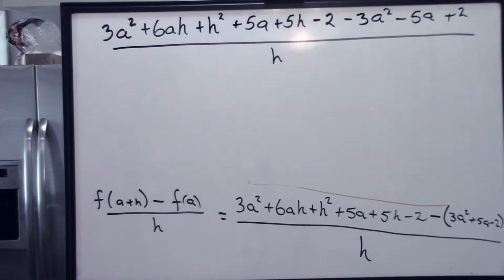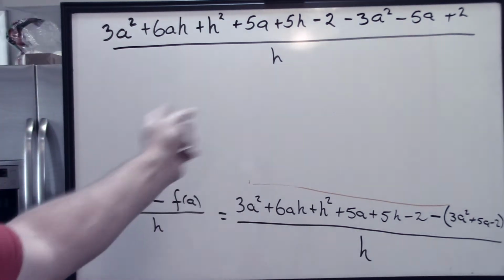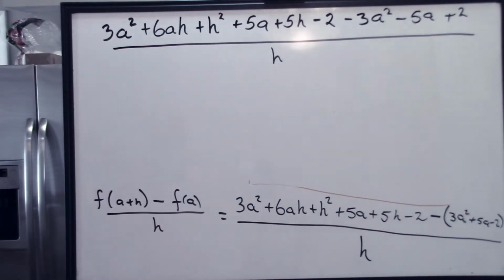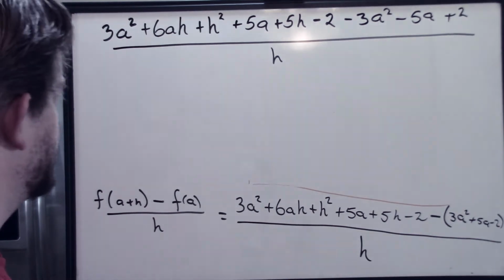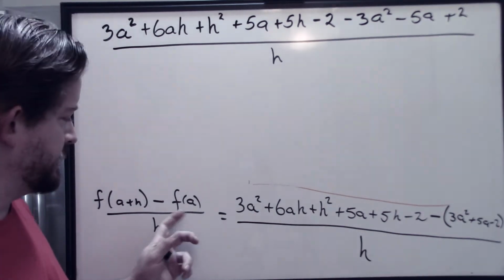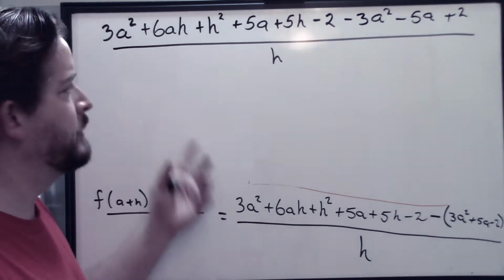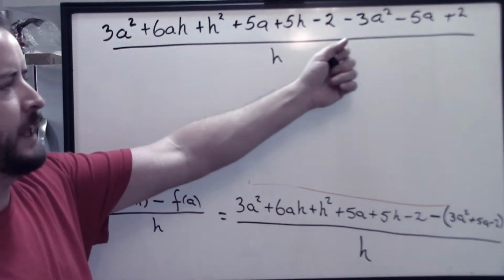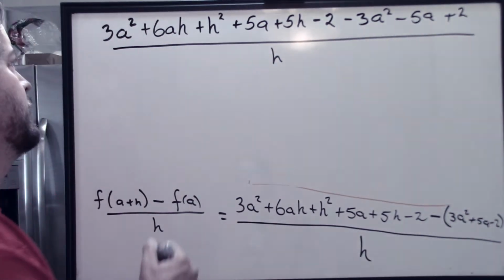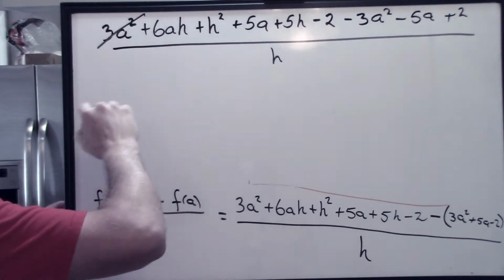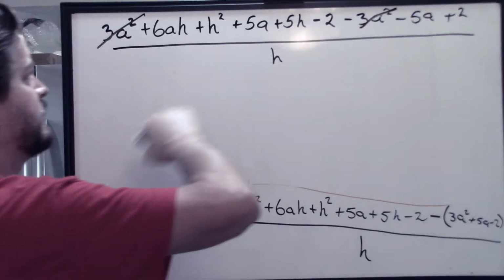Now it's big and it's ugly, it takes up the entirety of this board, right? But the nice thing is that when we're dealing with polynomials, as long as my f of x is a polynomial, anything up here that doesn't have an h is going to end up canceling out. This 3a squared cancels out with a minus 3a squared.